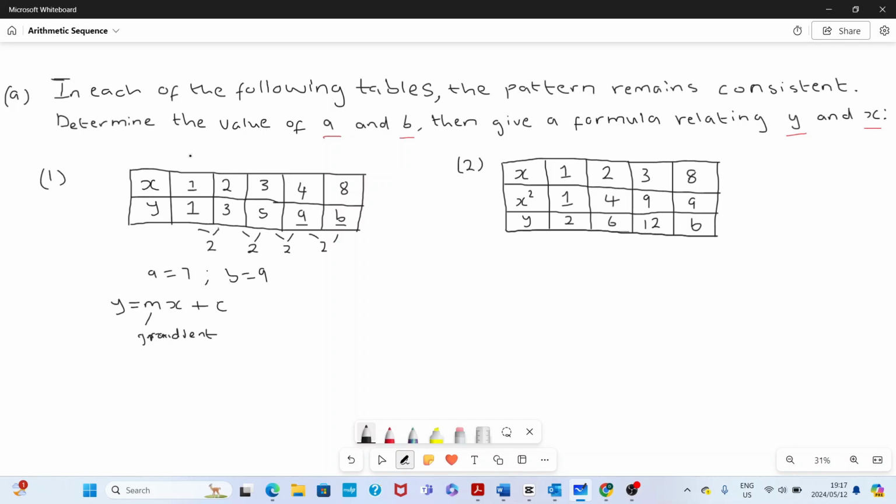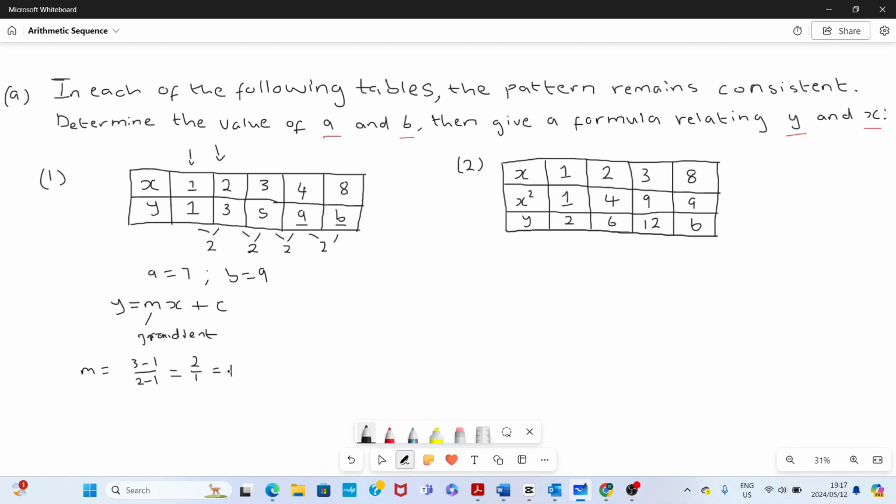So we could take maybe this here and these ones here, and we'll then say m would be equal to 3 minus 1, because we start by subtracting the y values over the x values. Then we'll say divide by 2 minus 1. This would be equal to 2 divided by 1, which is equal to 2.